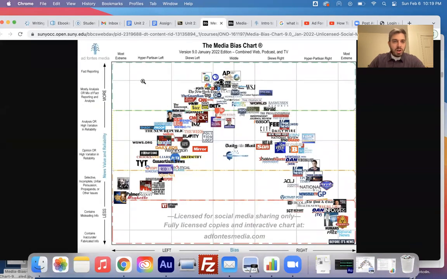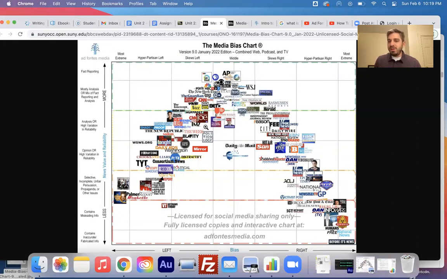I think that what we want is we're going to be looking at a lot of different news outlets and media organizations in this class. And so this is going to give you a good idea of what is reputable and what are good sources to go to. So the green, we like that. Yellow to a certain extent.